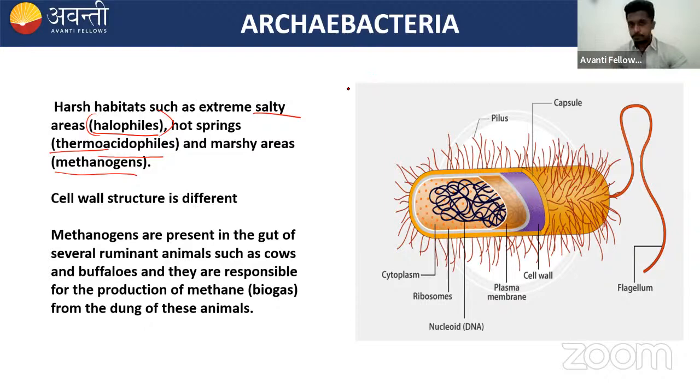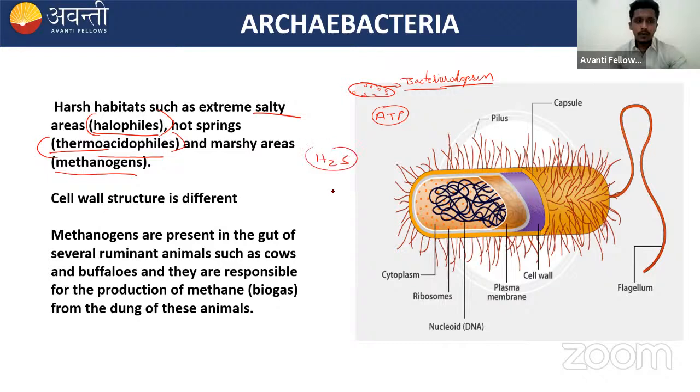Here they harvest sunlight using a purple color pigment present in the cytoplasm called bacteriorhodopsin. This purple pigment directly converts sunlight into ATP energy without intermediate products such as glucose.